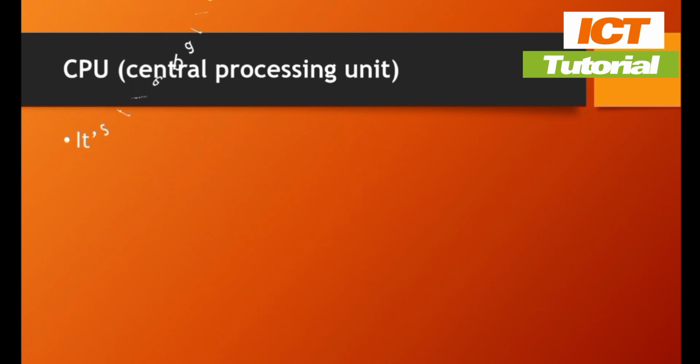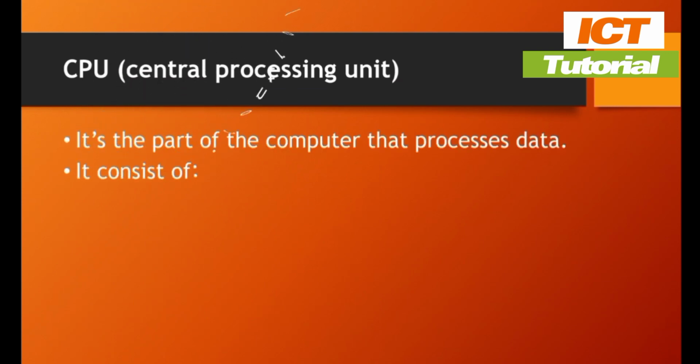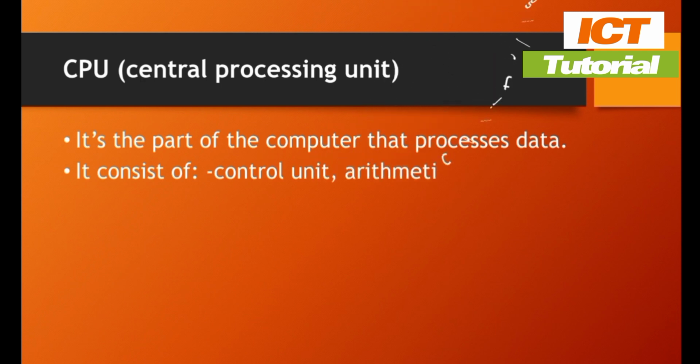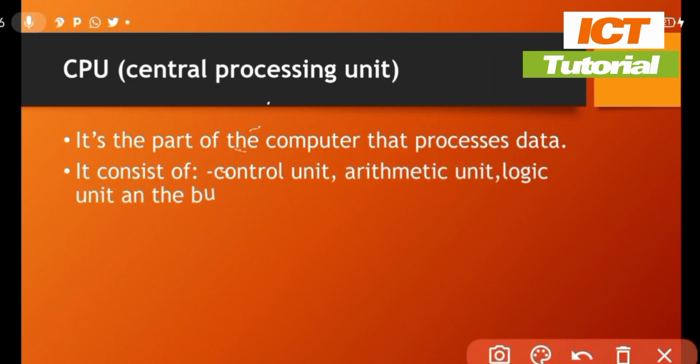Let's begin with the CPU, the central processing unit, the part of the computer that processes data. It consists of the control unit, the arithmetic logic unit, and the buses. Remember, we said data are facts and figures, raw data that has not been processed.